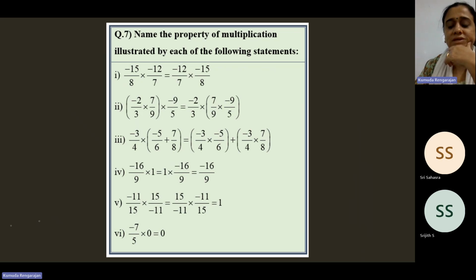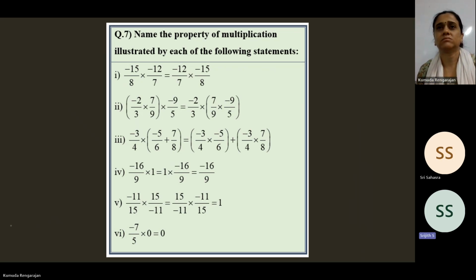Distributive property of multiplication over addition.